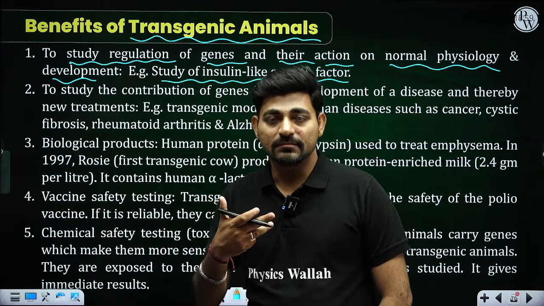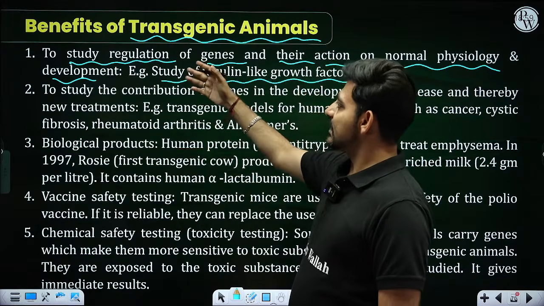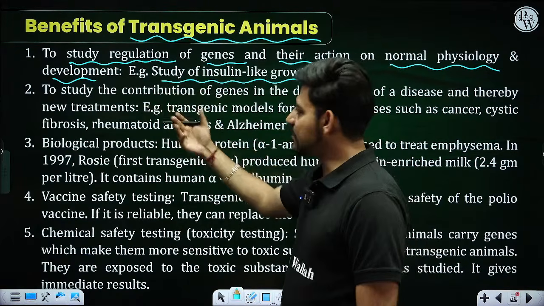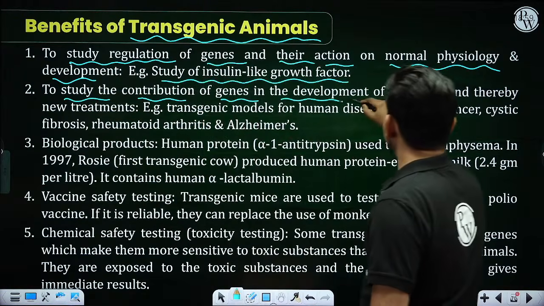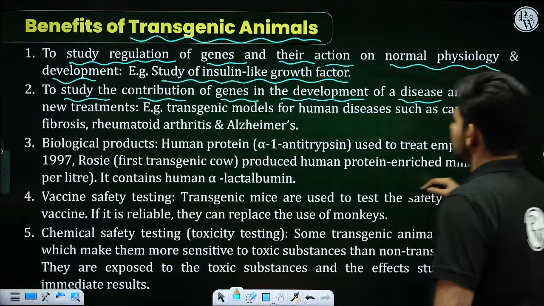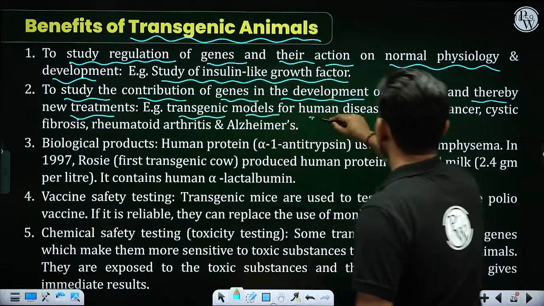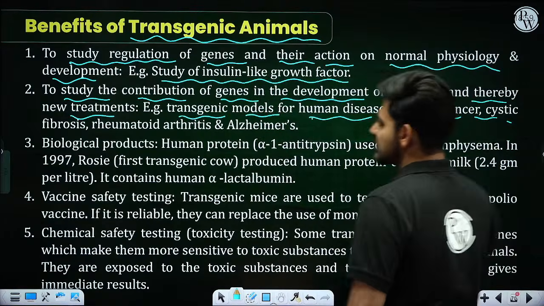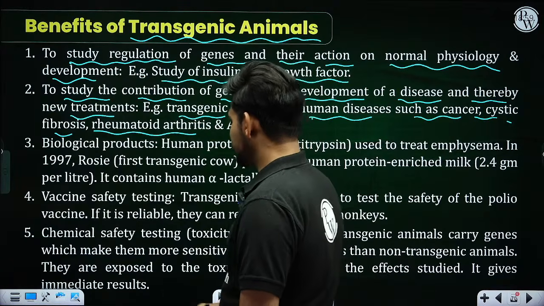experiment model, right. So in that case the transgenic animals can be used to study the contribution of genes in the development of disease, and thereby new treatments like transgenic models for human disease such as cancer, cystic fibrosis, rheumatoid arthritis and Alzheimer's disease.